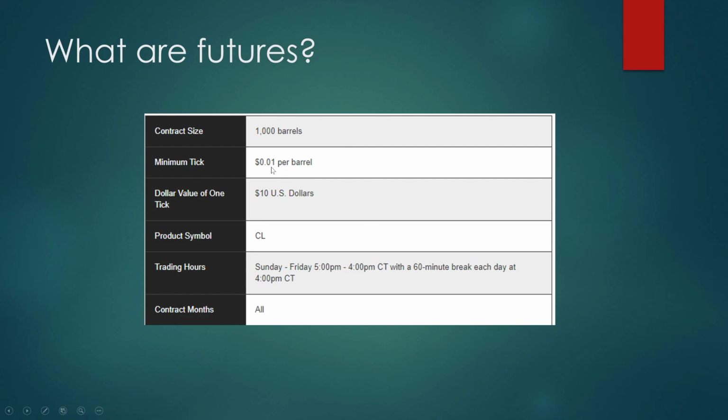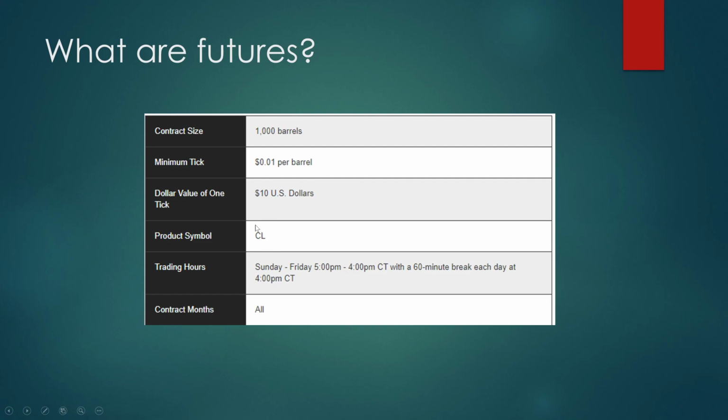The minimum fluctuation is just like anything else, 1 cent. So the smallest increment that it can change is 1 cent. If it does change 1 cent, that's an unrealized profit or loss of $10. So if I buy at $50 and sell at $50.01, I would make $10.